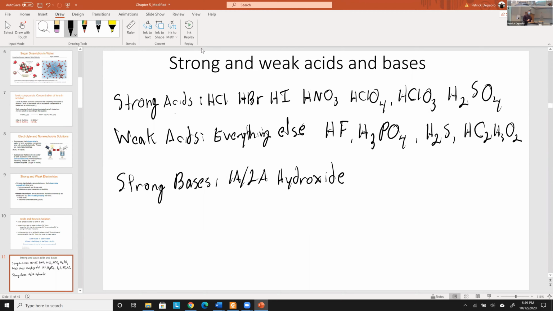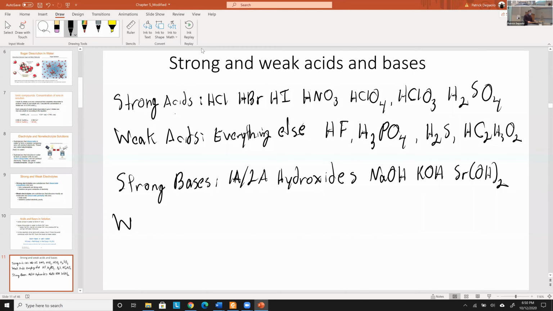They're very mildly soluble, but they're considered to be strong bases. So group 1A, 2A hydroxides. Examples, NaOH and KOH are always the go-to strong bases in labs. Other ones, you have strontium hydroxide, and there's more, but group 1A, 2A.